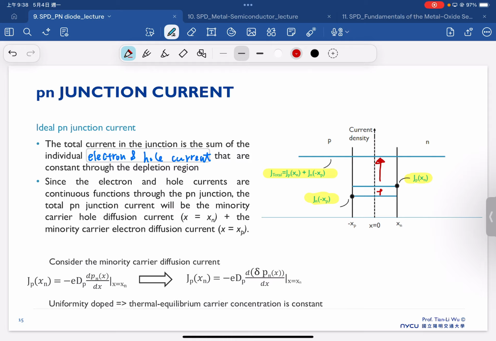So that's the idea of how we estimate the total PN junction current.